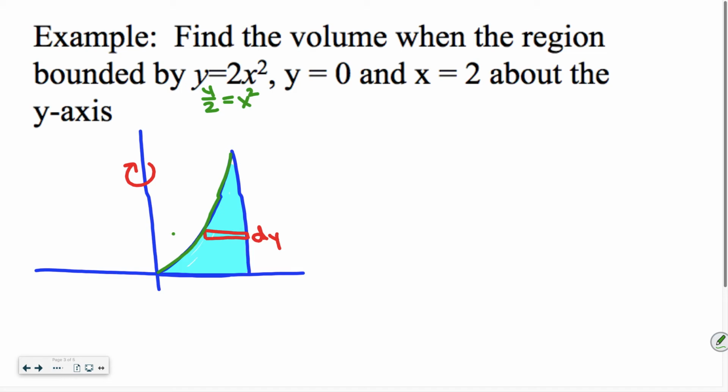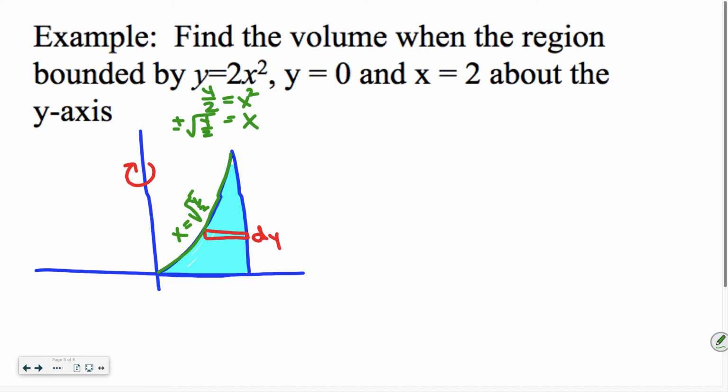And so this is going to be x equals the positive radical y over 2. This side of the parabola would be the negative radical y over 2, but we don't care about that one. Okay? Because when we square root both sides, we would have plus or minus, right? But we only have the positive side.